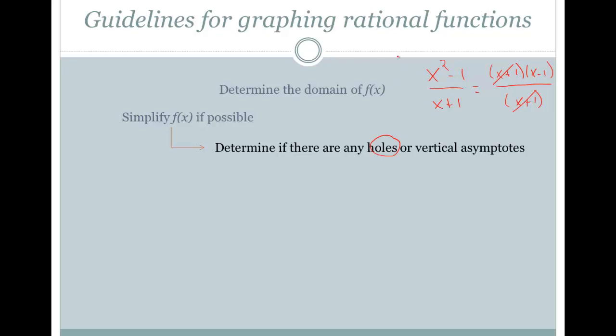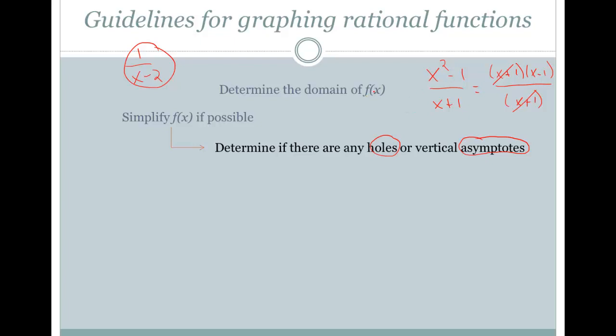Now, the other example we did was 1 over x minus 2. I couldn't cancel anything out of this, I couldn't cancel that x equals 2 out, and so in this situation I ended up with a vertical asymptote. In both situations, x equals negative 1 was not in the domain, and x equals 2 was not in the domain, but the results were two different things.